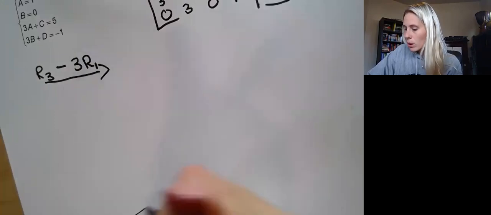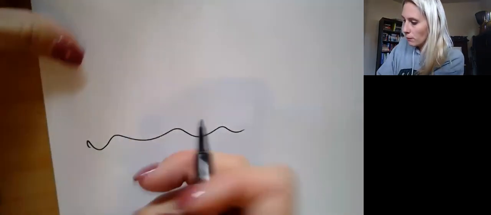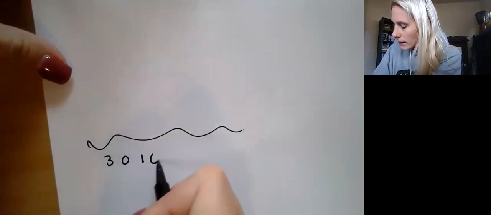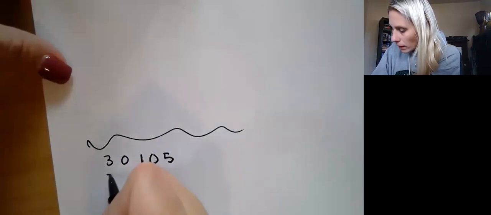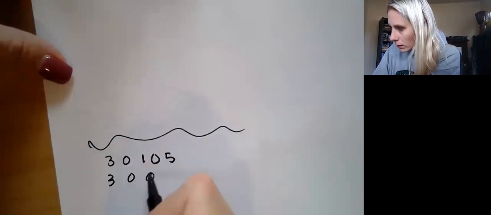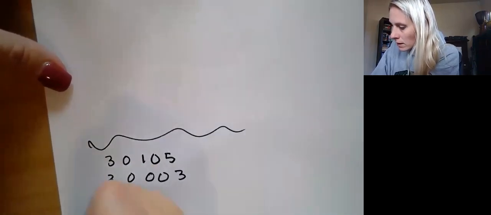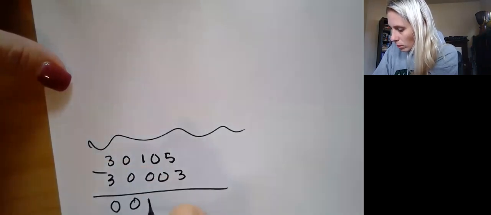I'm going to do some work down here because it looks like I'm not going to have to do as much work as before. So I have row 3 is 3, 0, 1, 0, 5. And I'm going to multiply the top row by 3. 3, 0, 0, 0, 3. And then what am I doing? I'm subtracting. 0, 0, 1, 0, 2.